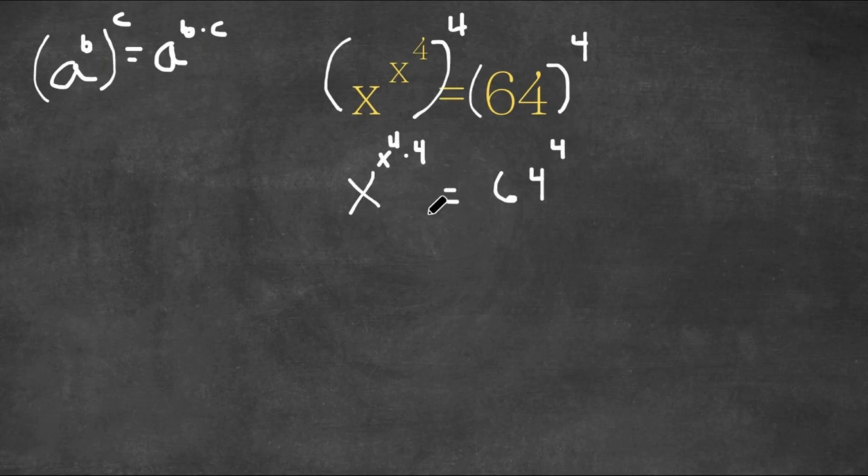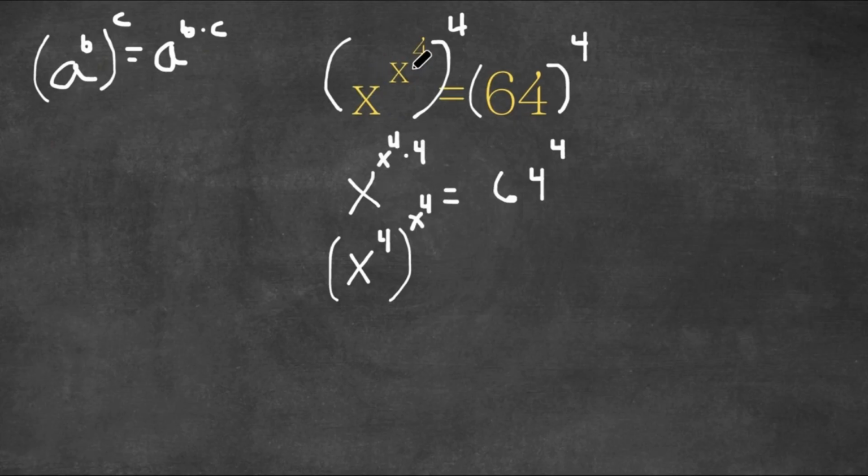Now what I'm going to do is switch this so that it's in the form x to the power of 4 to the power of x to the power of 4. As you can see, all I did was switch the order.